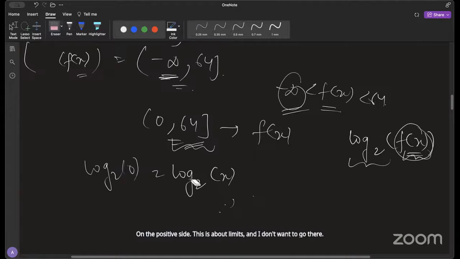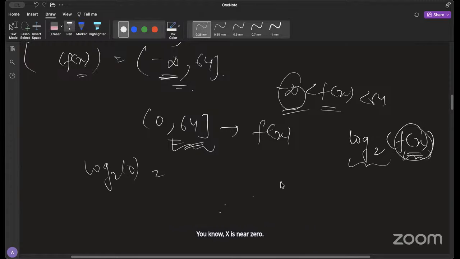What you can remember for now is, when your x is near 0 in the log function, the log is tending to minus infinity, right? When you come closer to x equals 0, your log base 2 is going to minus infinity.